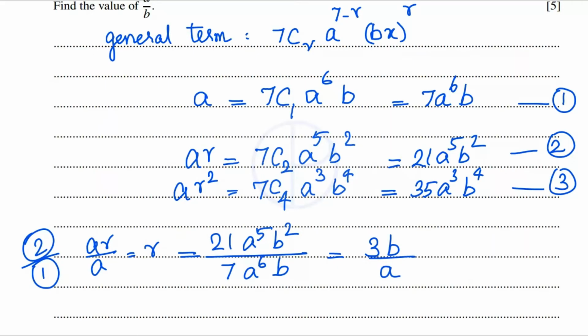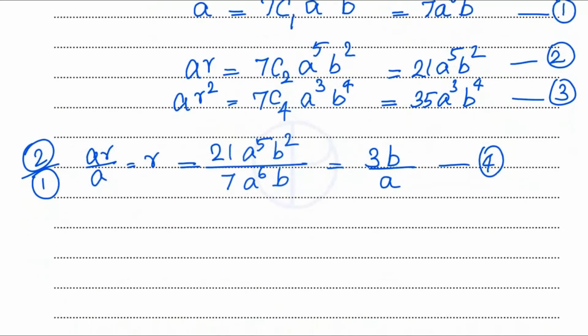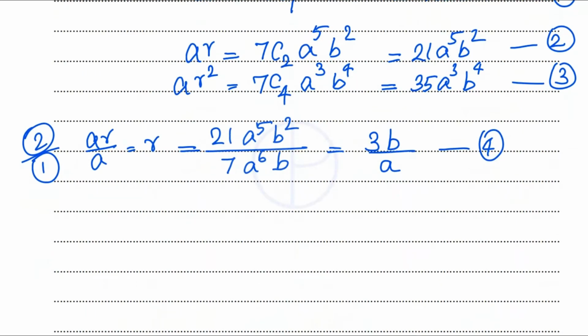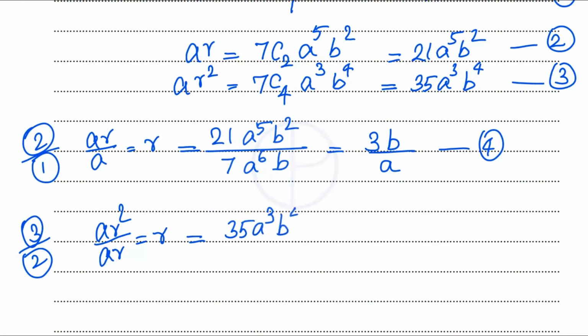Let me mark this as 4. Then from equation 2 and 3, equation 3 divided by equation 2, you get ar square divided by ar, which is nothing but r, equal to ar square, which is 35 a cube b power 4, divided by ar, which is 21 a power 5 b square.